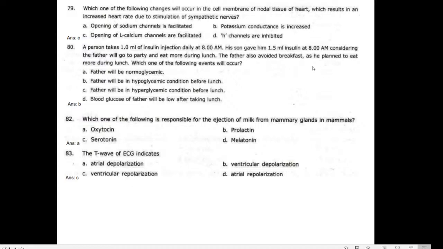Why? Because he avoided breakfast. There is no food, so there is no substrate for insulin.